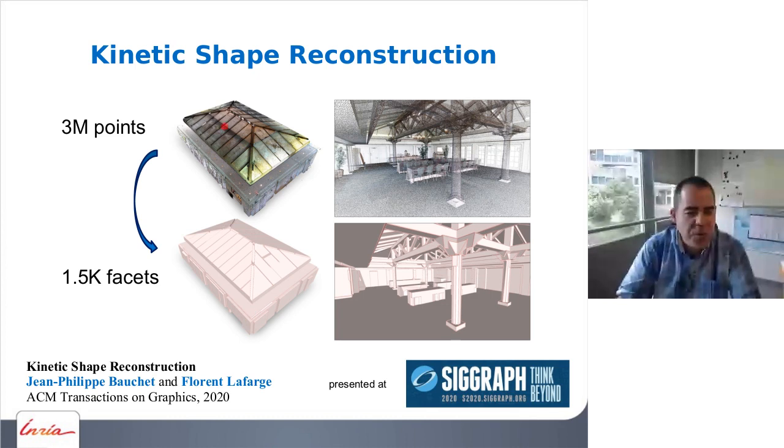It takes as input 3 million points like that. This is a clean point set this time. It requires detecting planar parts on this point set, and then each plane is initialized as a convex polygon in space.